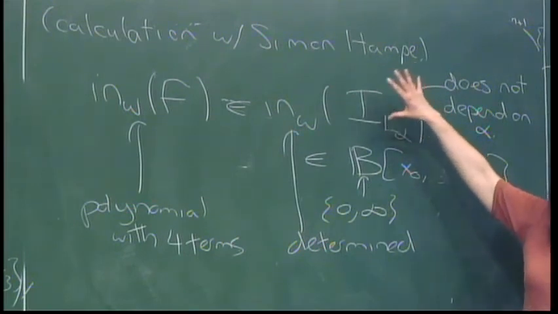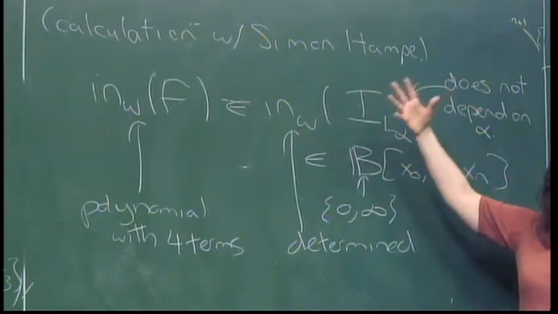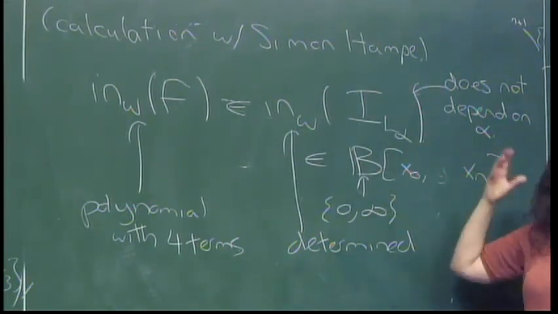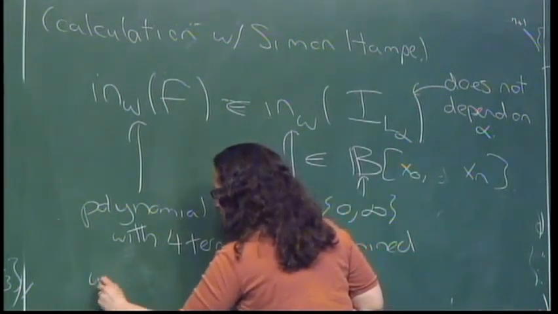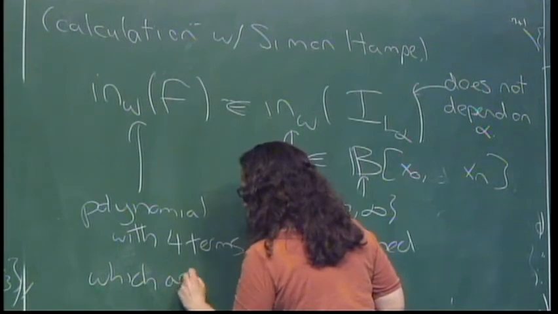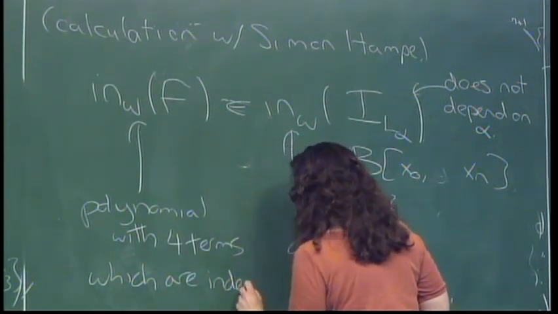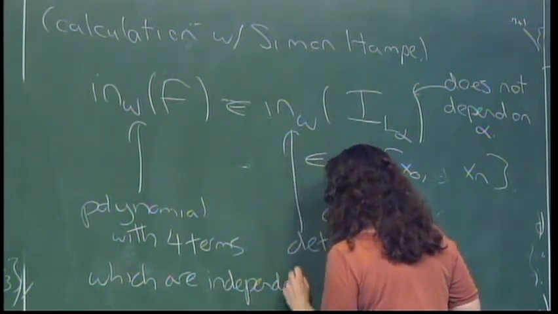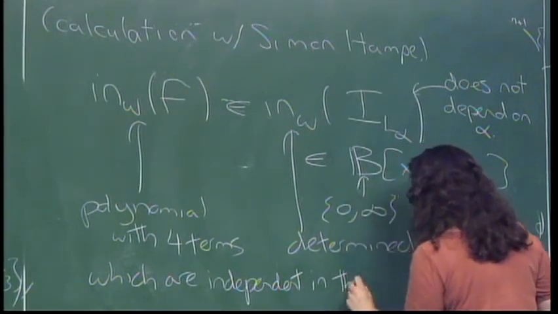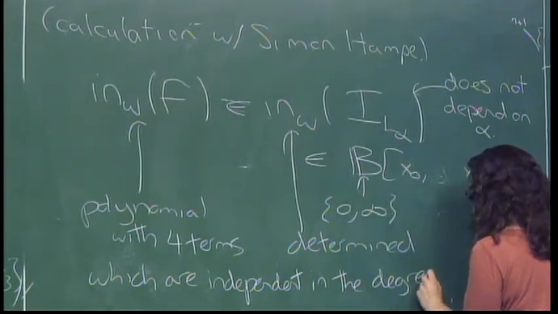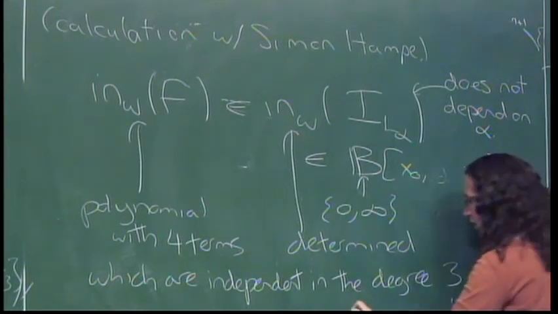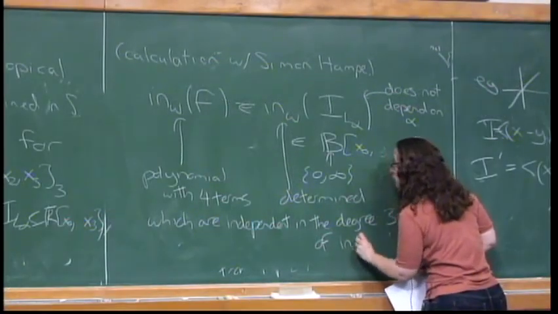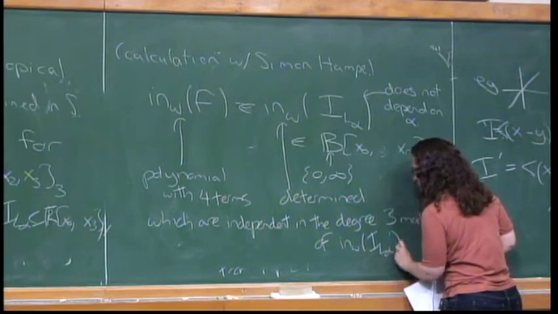If this is going to be a tropical ideal, that means I look at the matroid it determines in degree 3, and these terms are independent in the degree 3 matroid of the initial ideal with respect to L alpha.